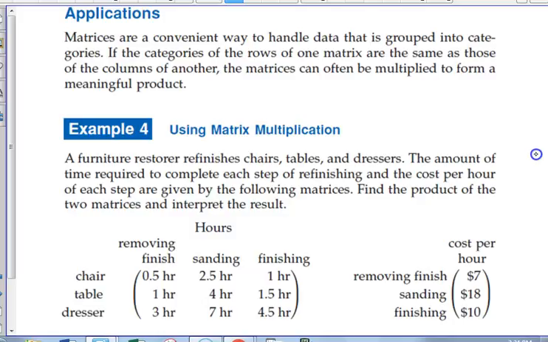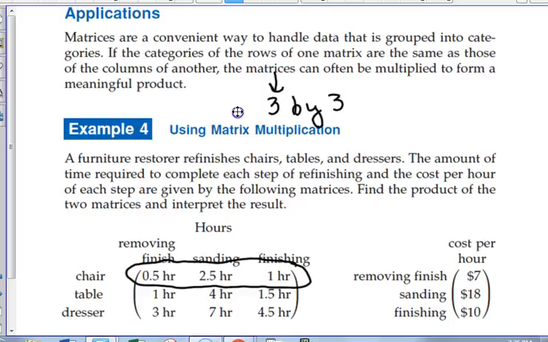Okay? So, let me explain it this way. Look up here for a second. If I'm making a chair, all of these have to do with a chair, yes? It said removing the finish, sanding, and finishing. This is a 3 by 3 matrix where the rows were the type and the columns were the hours to use.